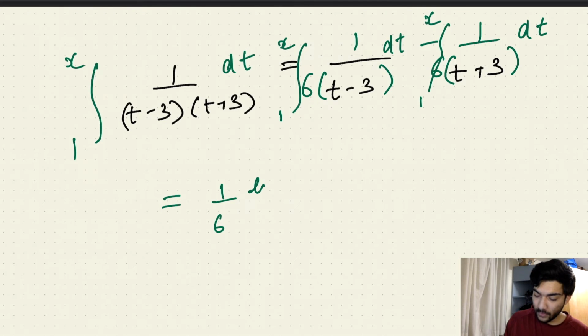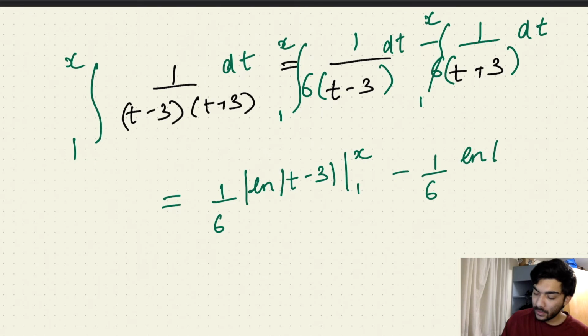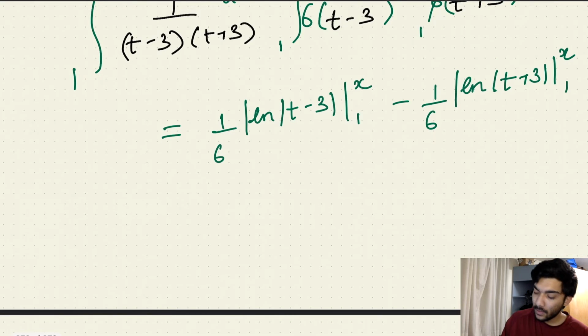So now we know that this would be simply 1 by 6 ln |t minus 3| with the bounds 1 and x, minus 1 by 6 ln |t plus 3| again with the bounds 1 and x.